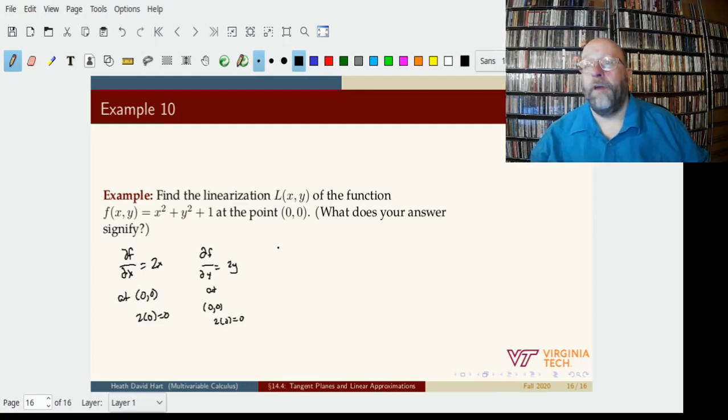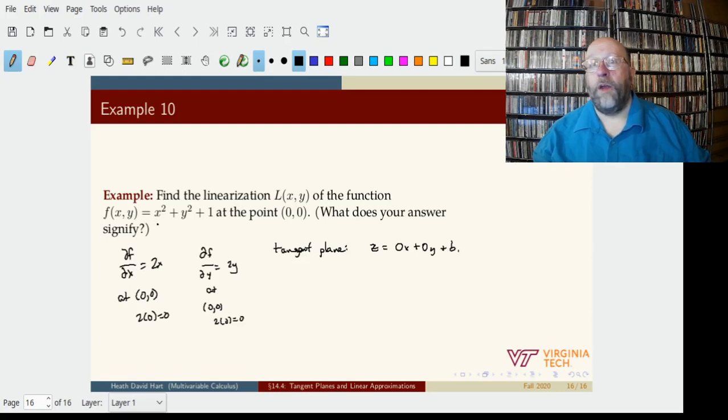And so the tangent plane looks like z equals 0x plus 0y plus b. Well, let's figure out what this b is.